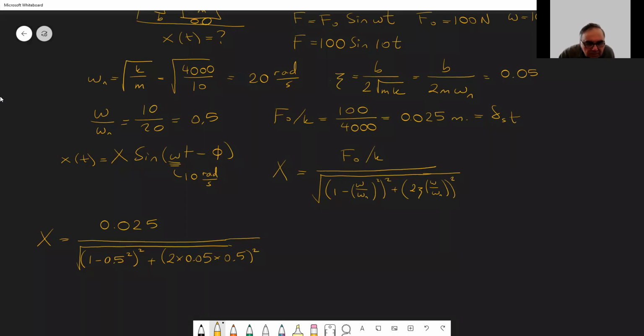And the result is 0.0326 meters, which is 3 centimeters, okay?